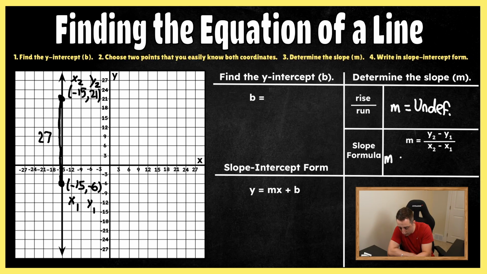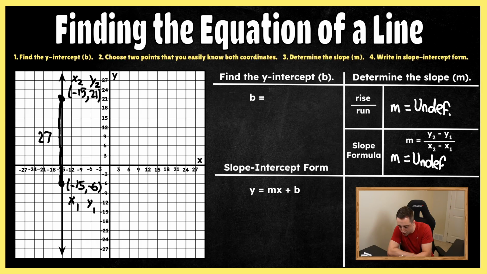We get m equals y2, which was 21, minus y1, which was -6, all over x2, -15, minus x1, which is -15. We're subtracting a negative in top and bottom, so that's going to turn to addition for all of these. And we're going to get m equals 27 over 0, once again giving us that undefined. So let's go ahead and get rid of all that and write m equals undefined.